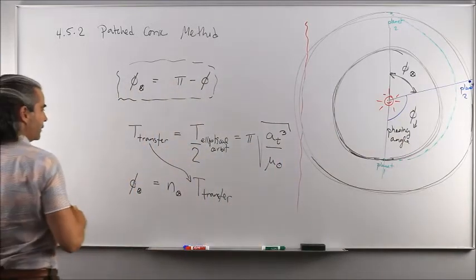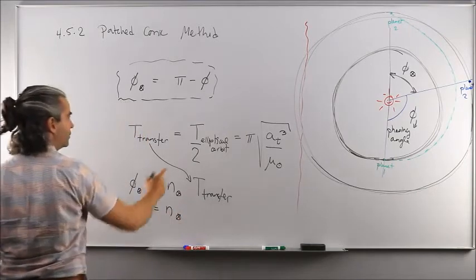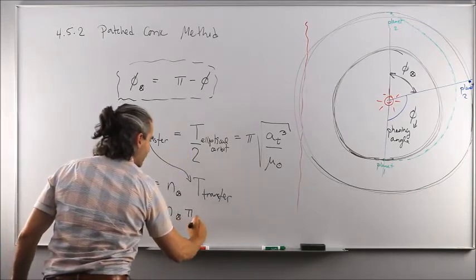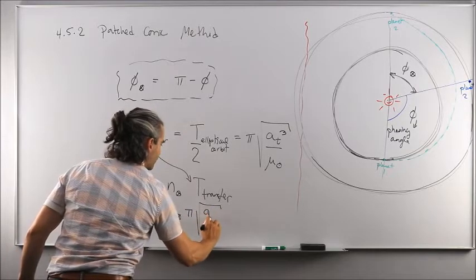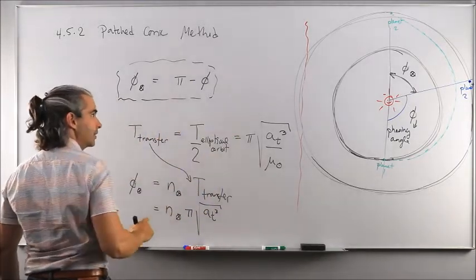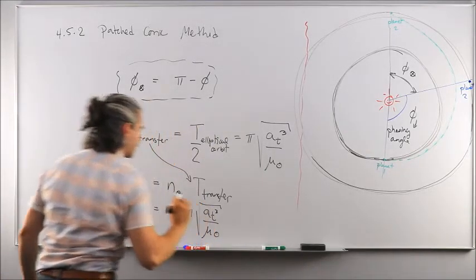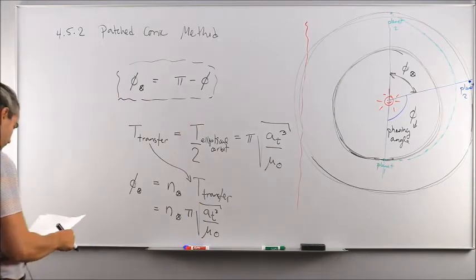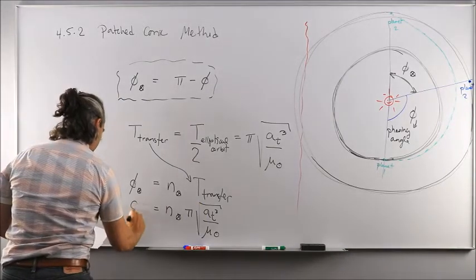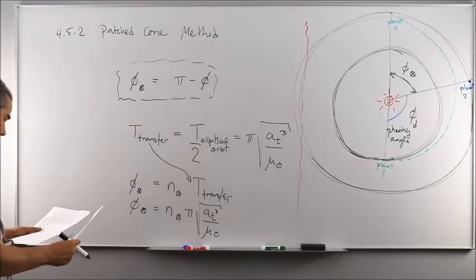Okay? Or in other words, the mean orbital motion of planet 2 times pi times square root of the semi-major axis of the transfer orbit, which is the elliptical orbit in green, cubed over mu of the sun. So this is this angle here.